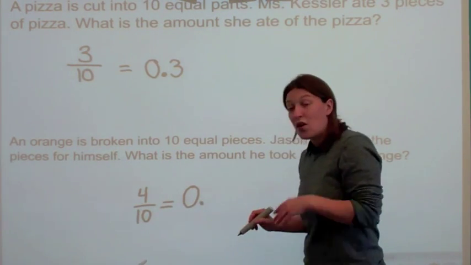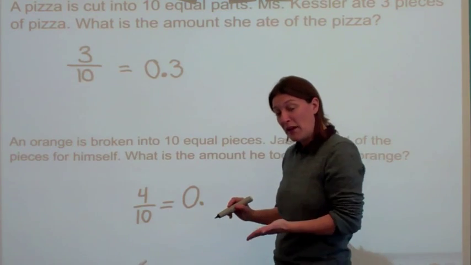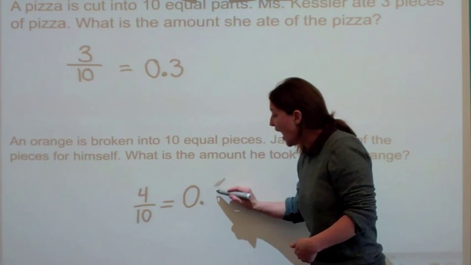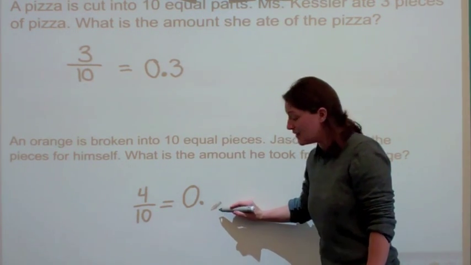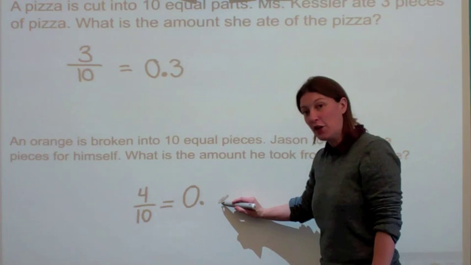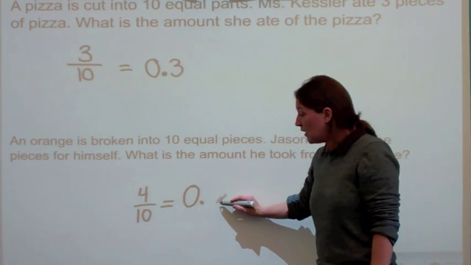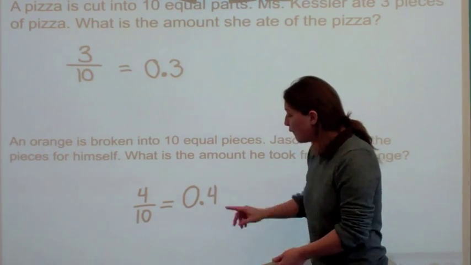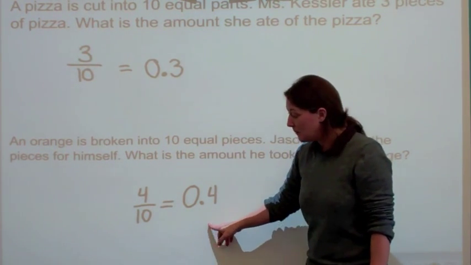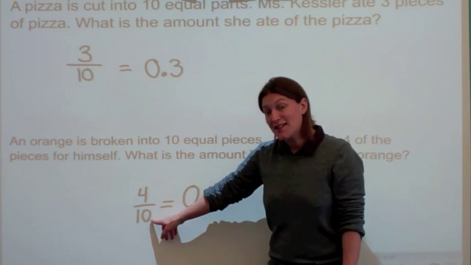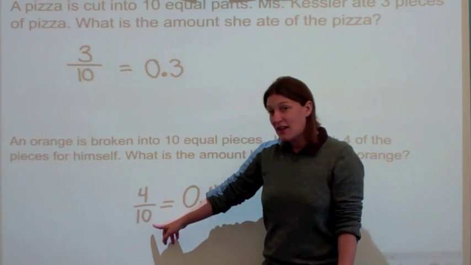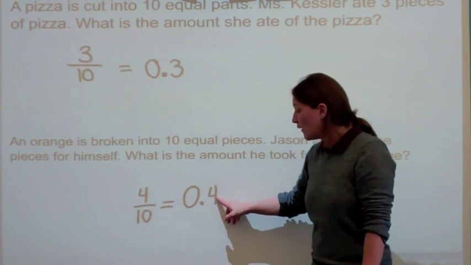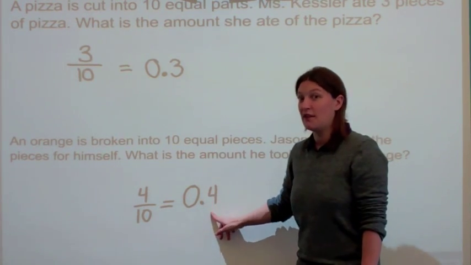Decimal point, because the decimal point separates the whole number from my fraction, or my part of my whole. And then I tell you how many tenths he has, because that's the next place value after my decimal point. So I have decimal point 4, because the 4 is in the tenths place. And if I'm looking at my fraction and there's a 10 in my denominator, that tells me that it's 4 out of 10 equal pieces, or 4 in the tenths place.